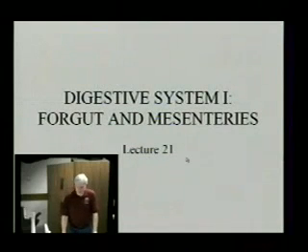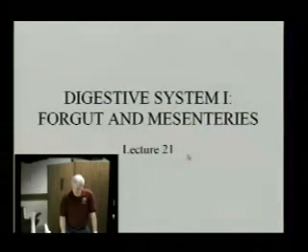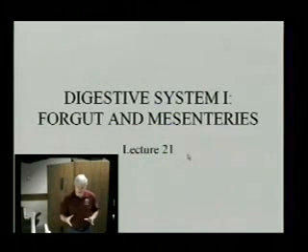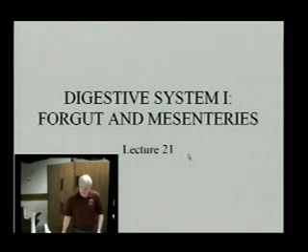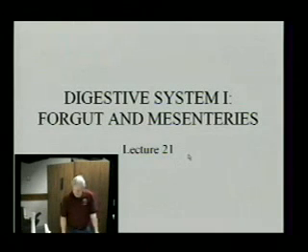We have seen much of the digestive system form already, using that as a reference point for other related structures, especially the pharyngeal pouches as a prime example. But we begin first just looking at the foregut, there should be an E in here, sorry, and the mesenteries associated with it.